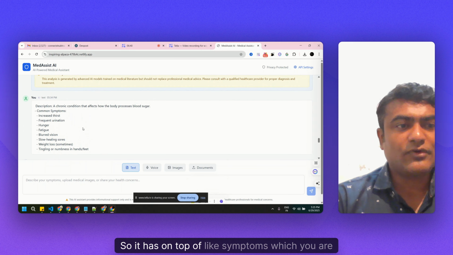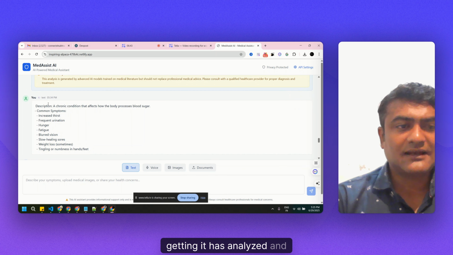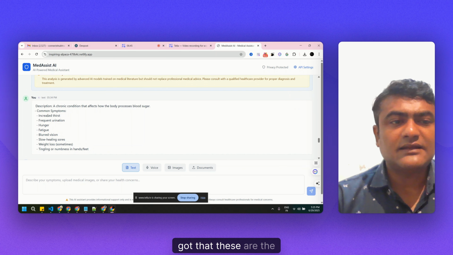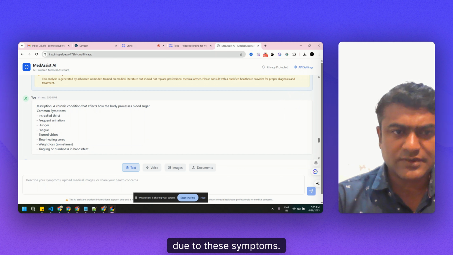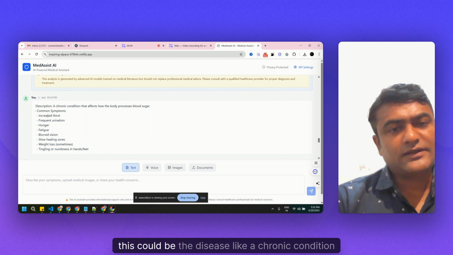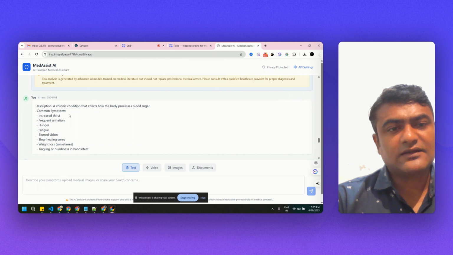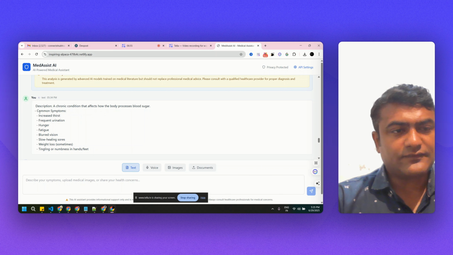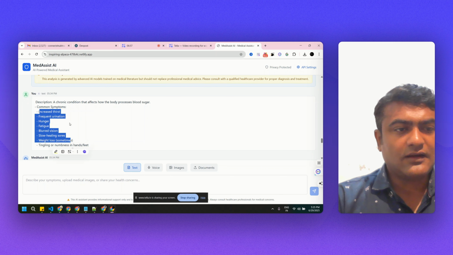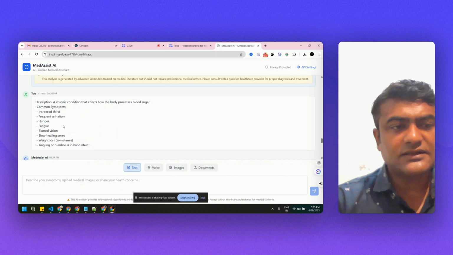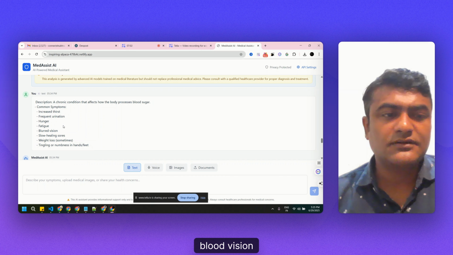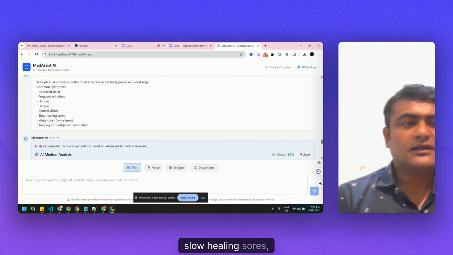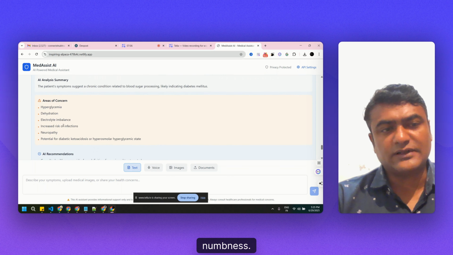On top of the symptoms we provided, it has analyzed that due to these symptoms, this could be the disease. A chronic condition affecting how the body processes blood sugar, with symptoms like increased thirst, frequent urination, hunger, fatigue, blurred vision, slow healing sores, weight loss, and tingling or numbness.